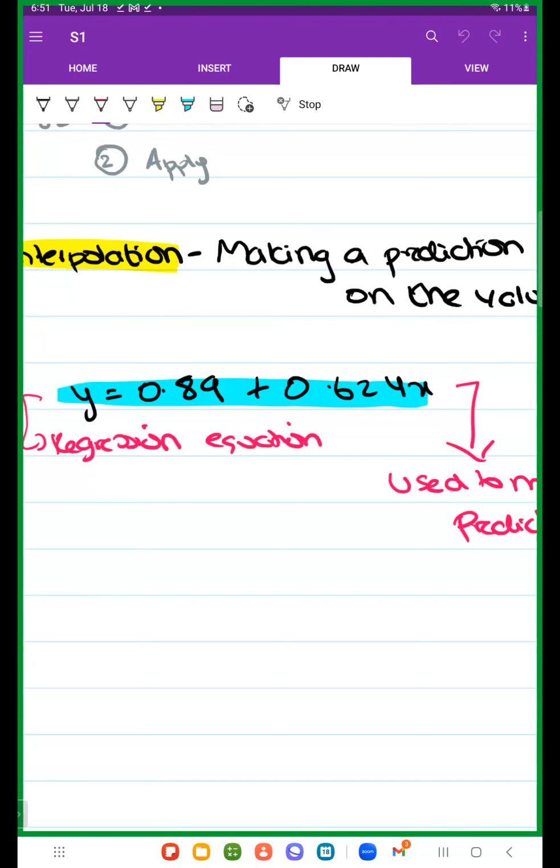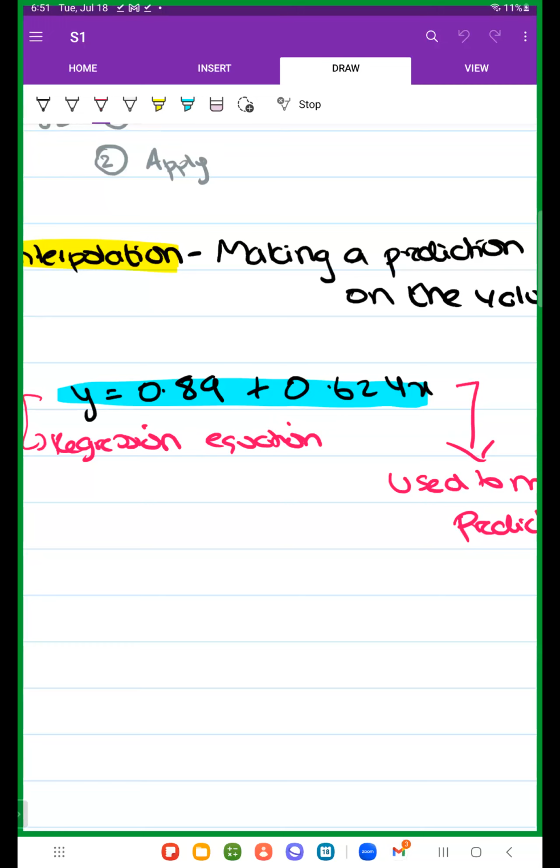Now they're asking for comment on the reliability of these estimates. How will we do this? Firstly, for 39 weeks, can you see 39 weeks on your chart? No, you can't. It's not there. There's 38.